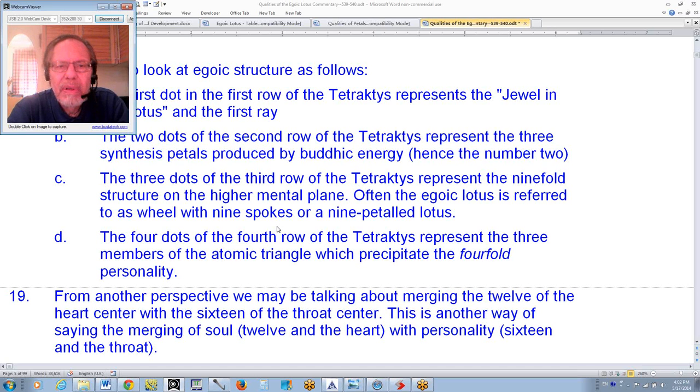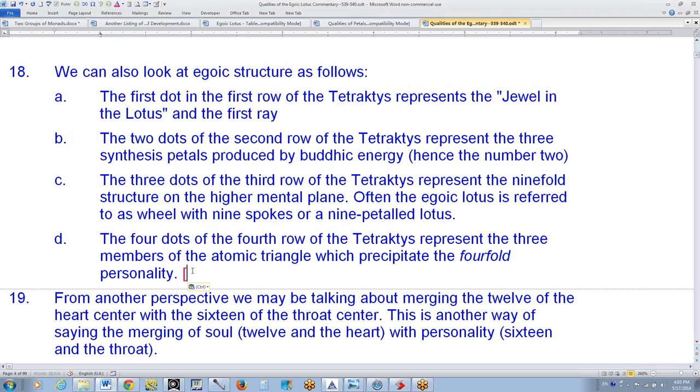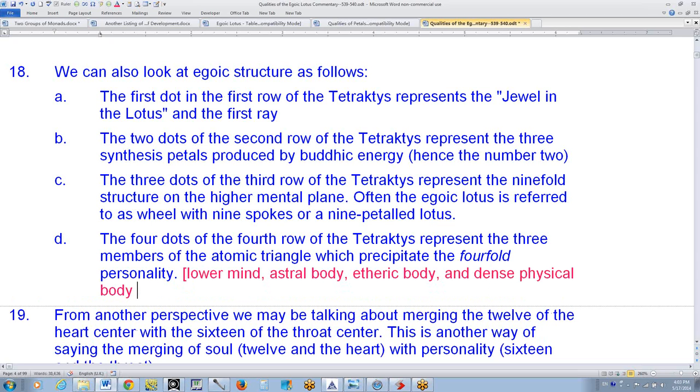Then the 4 dots in the 4th row of the Tetractys represent the 3 members of the atomic triangle, which precipitate the 4-fold personality. You know what I mean here: lower mind, astral body, etheric body, and dense physical body. So we have a way then of understanding the egoic lotus itself in terms of a Tetractys.